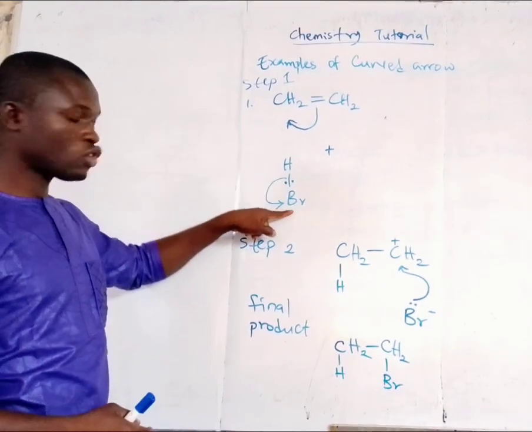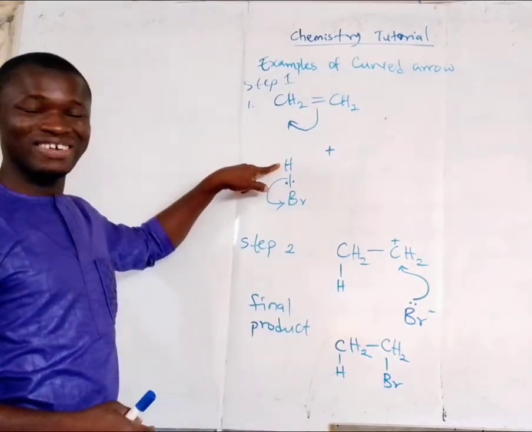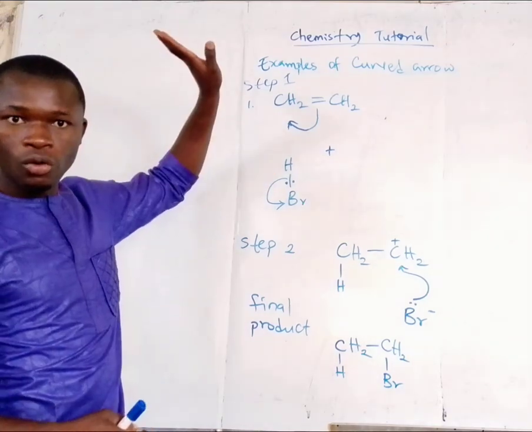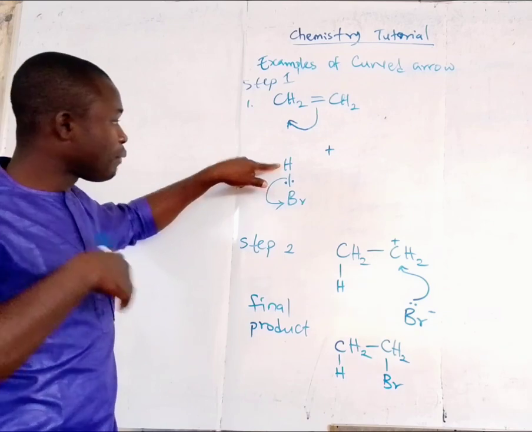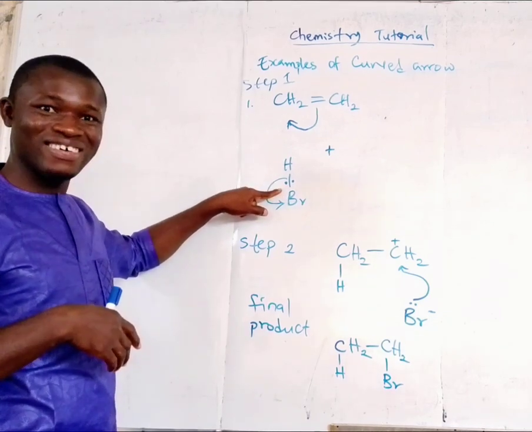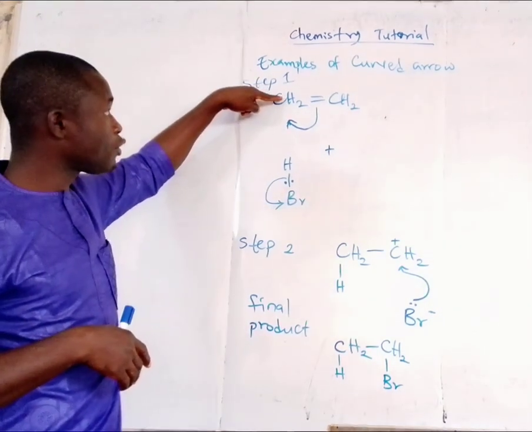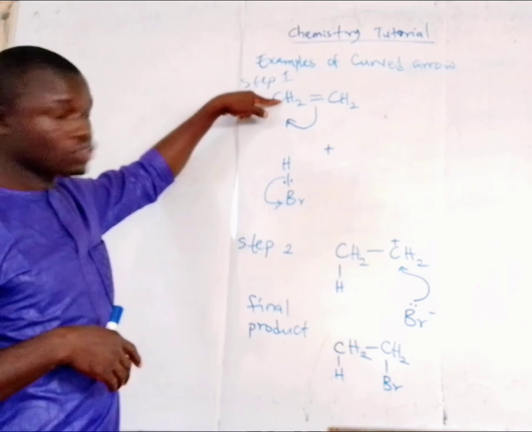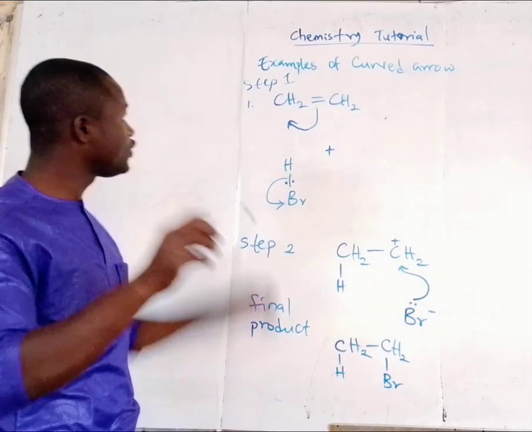Now, remember initially there is a bond breaking between hydrogen and bromine. This bond breaks on the bromine, leaving this hydrogen to go. This hydrogen that separated from the bond is taken by this carbon, because this carbon is going to be rich in electron. Though you are not seeing it, when this bond breaks I'm supposed to be putting a negative on this carbon.